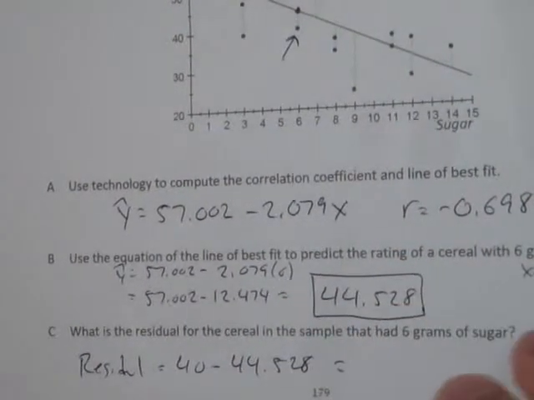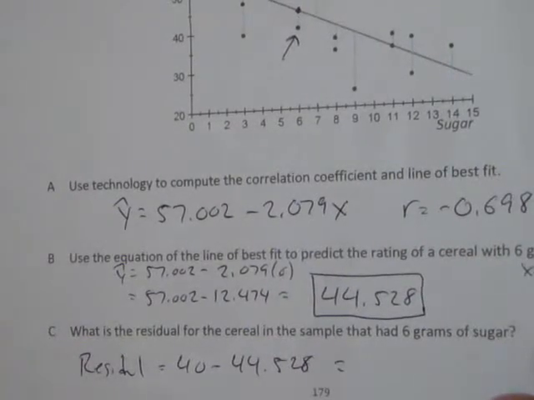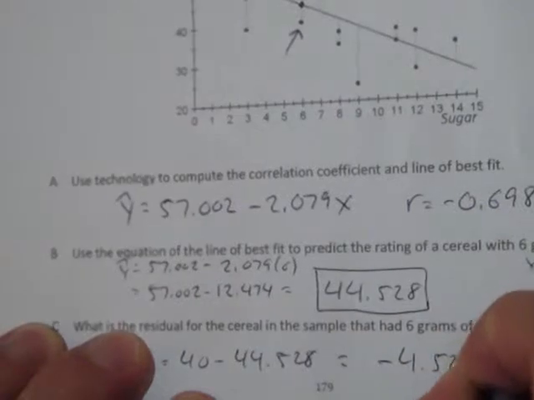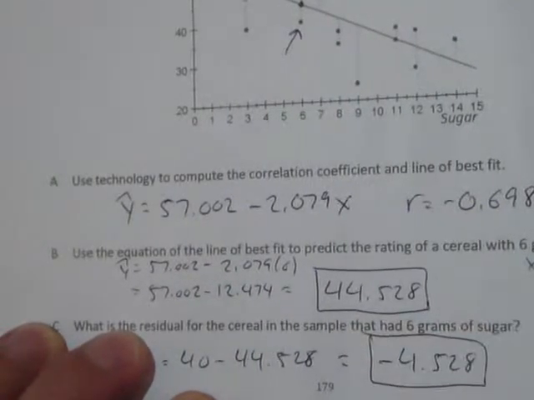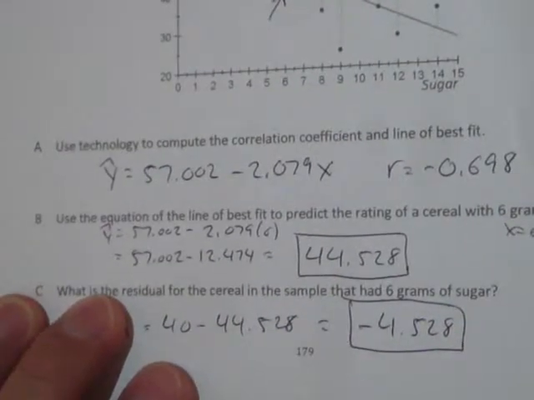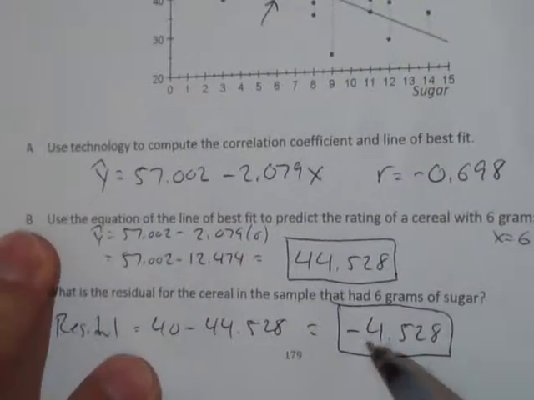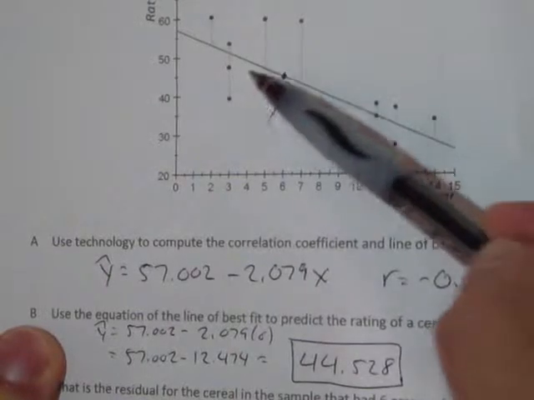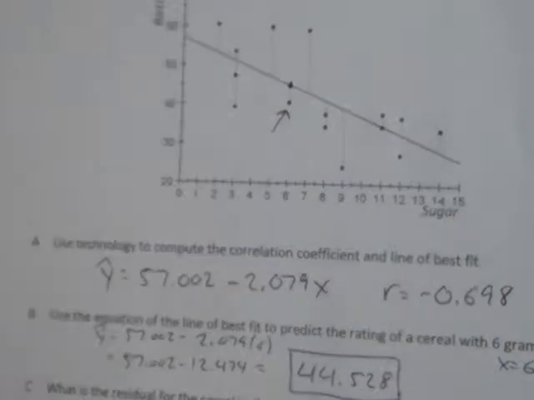So our residual is 40 minus what we just got, and I got negative 4.528. That is the residual for this point. And the fact that it's negative told me that the actual point was below the line. Our line overshot or guessed too much.